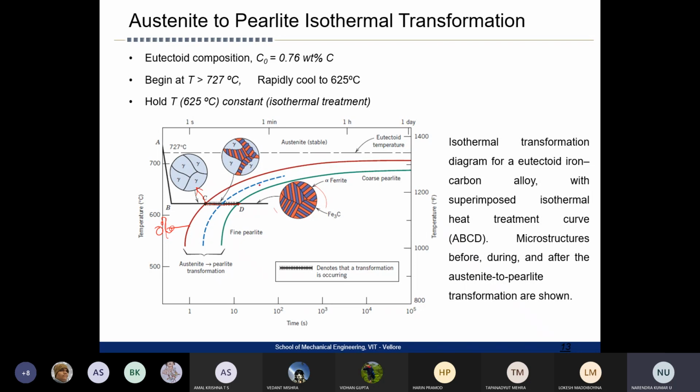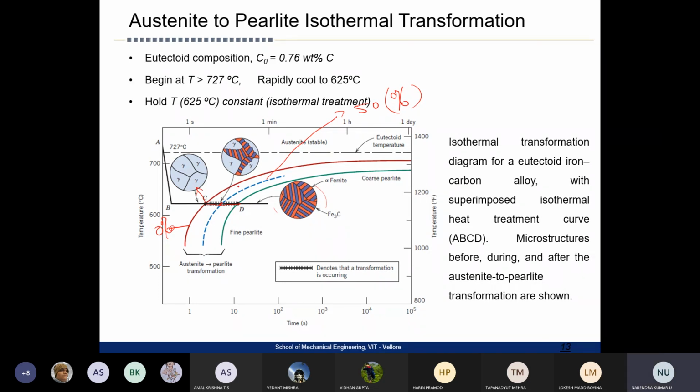This center blue line, as I mentioned, is the line which gives a 50% indication of the conversion. If it has crossed this point, then 50% of your phase has been converted from austenite to coarse pearlite, but 50% is still remaining.